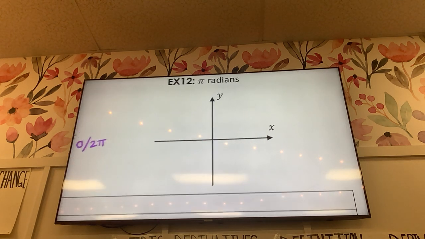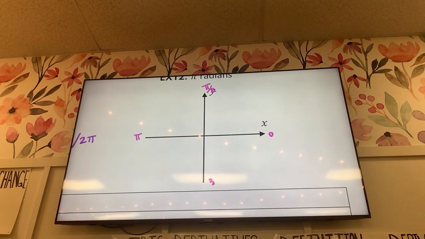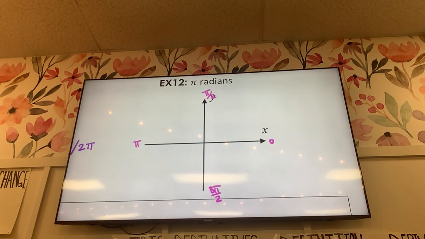Okay, so on example 12, once again my four corners are 0, pi over 2, pi, and 3 pi over 2. And y'all get better at memorizing those. Knowing the four corners is important. It helps. So if you were wanting to draw where pi is, right here in between the second and the third quadrant.